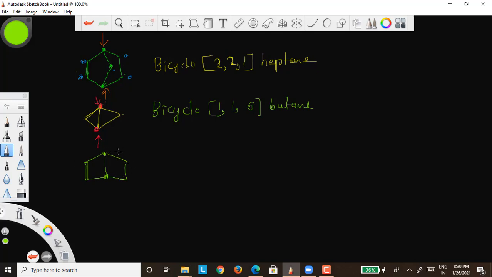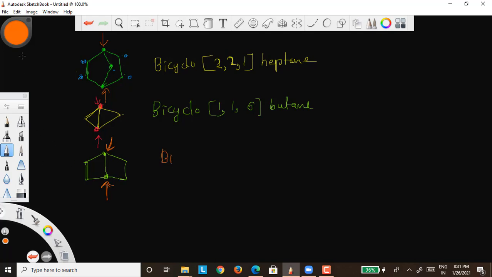This is a bridgehead, this is also a bridgehead. These two are bridgeheads. And on this side, these two carbons are the carbons of the bridges. In between these there is no carbon. So this is the name we want to give.